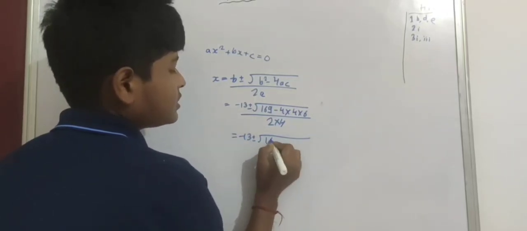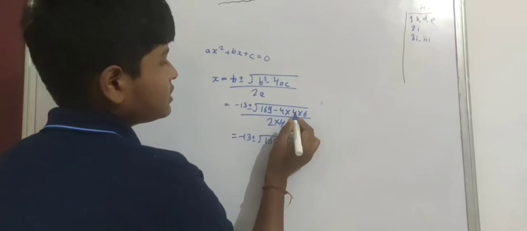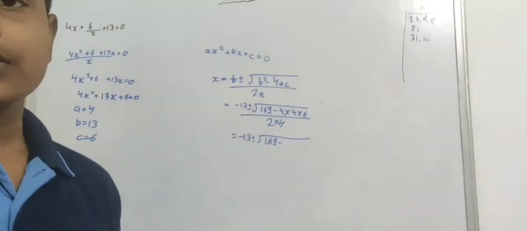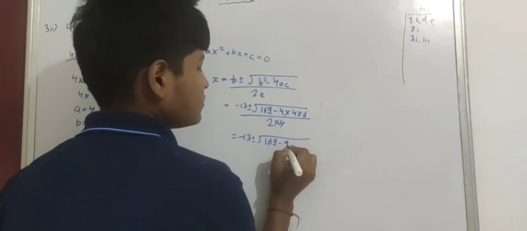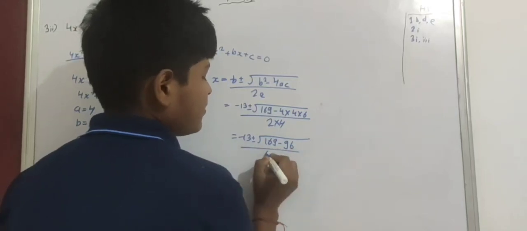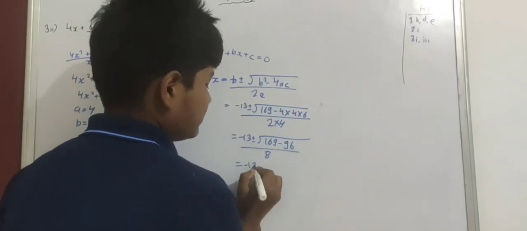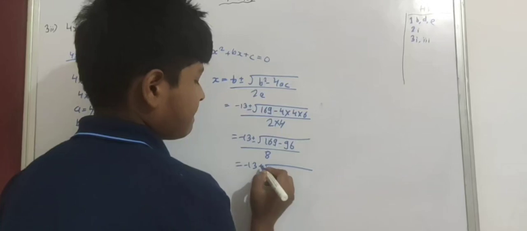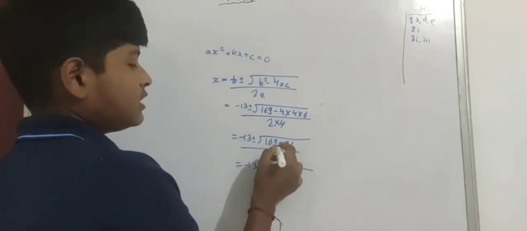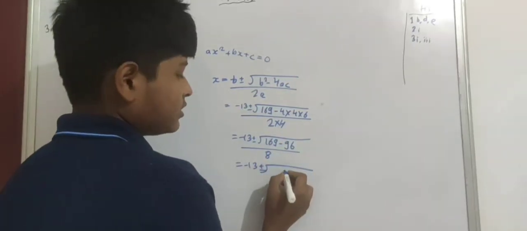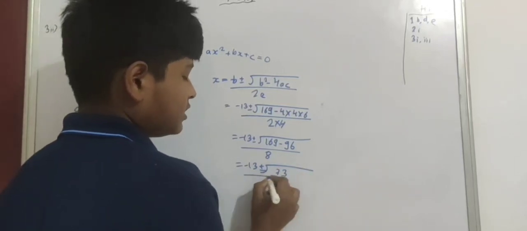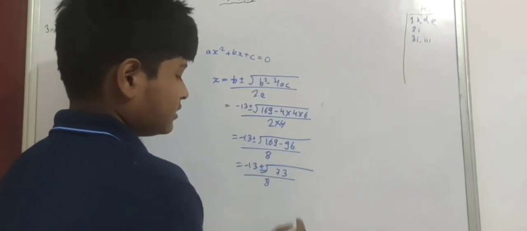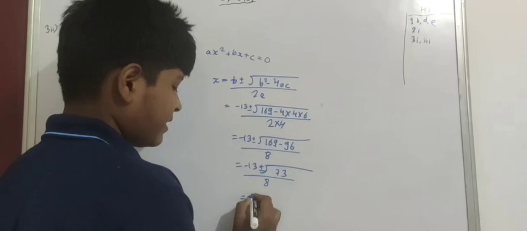Now we have minus 13 plus minus under root 169 minus 4 into 4, that is 16 into 6, that is 96, minus 96 divided by 4 into 2, that is 8. We have minus 13 plus minus under root, solving this we get 73, divided by 8.